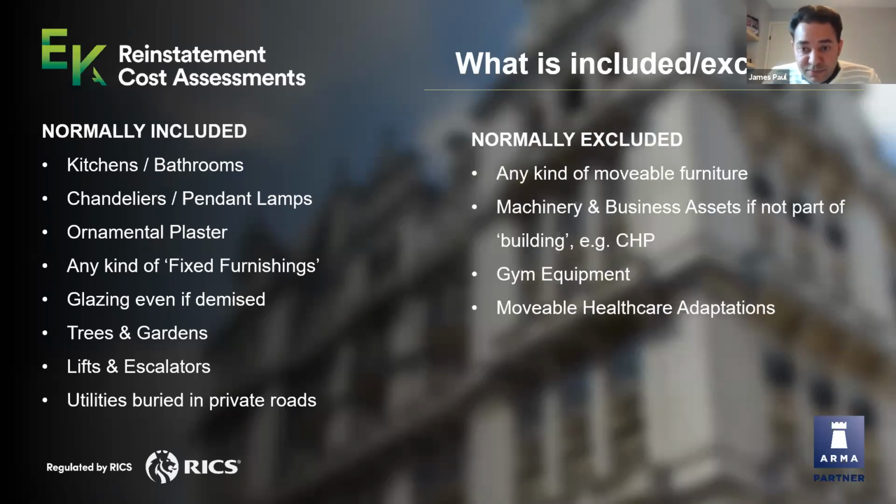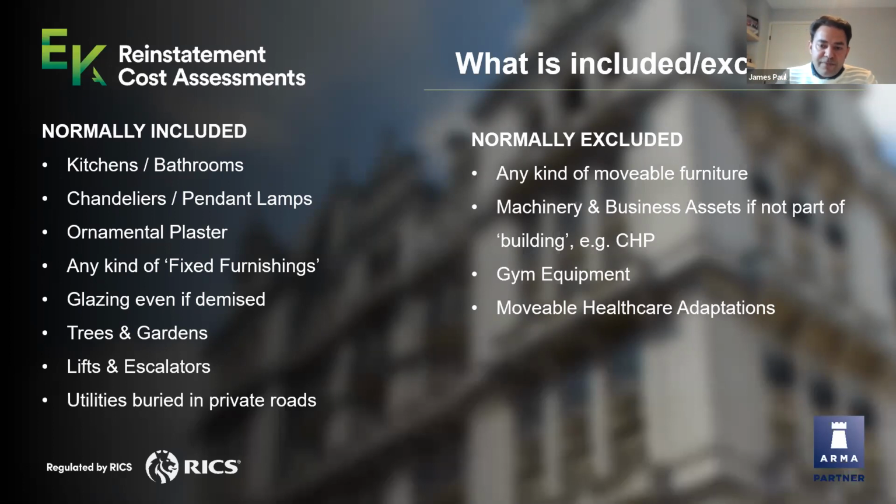And I suppose with exclusions, we don't count sofas and armchairs and any kind of movable furniture. Machinery and business assets, if we're doing a commercial RCA, again, we won't include them. And gym equipment, running machines, rowing machines, that sort of stuff. Even if we're insuring the gym in a big block of flats, we won't include movable assets like that.